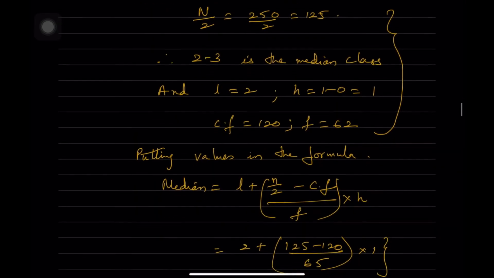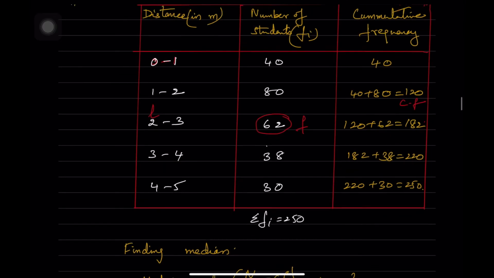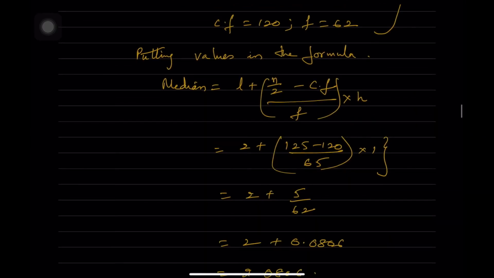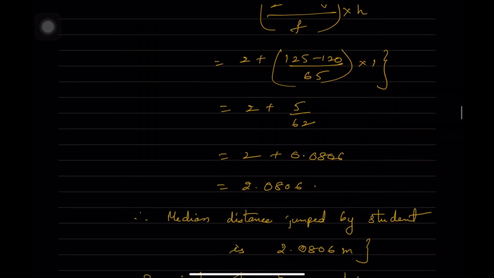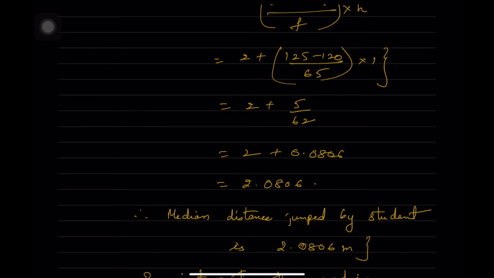So putting all those values in the formula, median is equal to L plus n by 2 minus CF by F into h. So 2 plus 125 minus 120 by 62 into 1, getting 2 plus 5 by 62, which is 2 plus 0.0806, which is 2.0806.